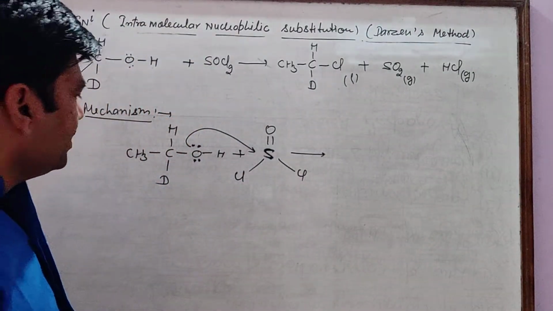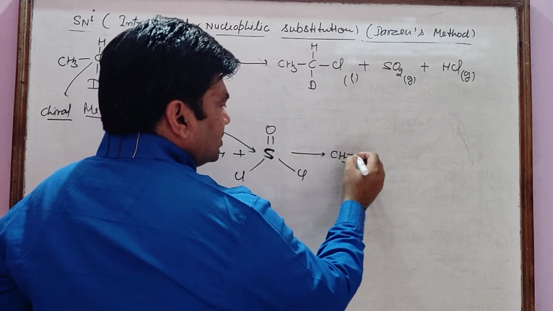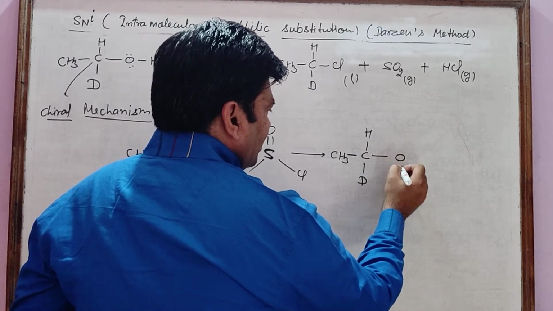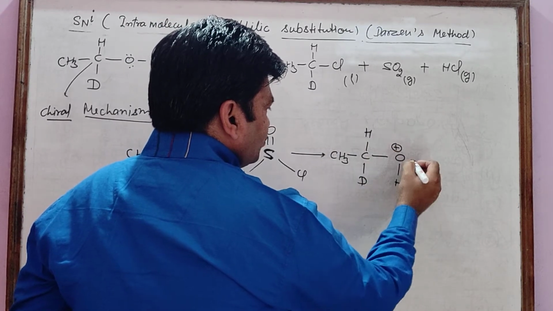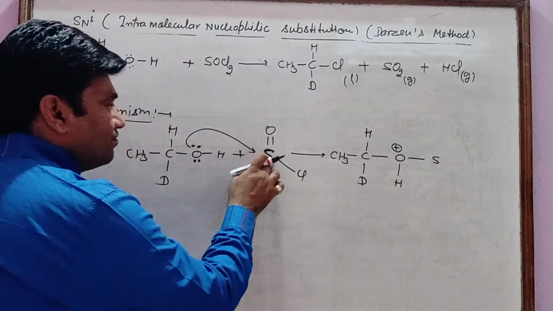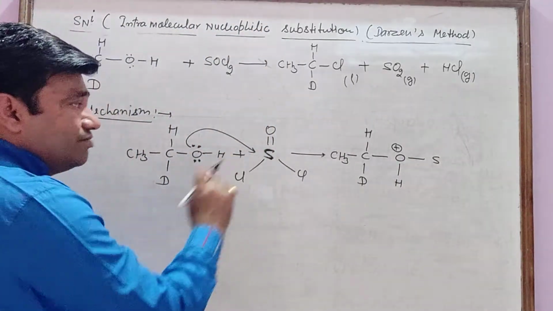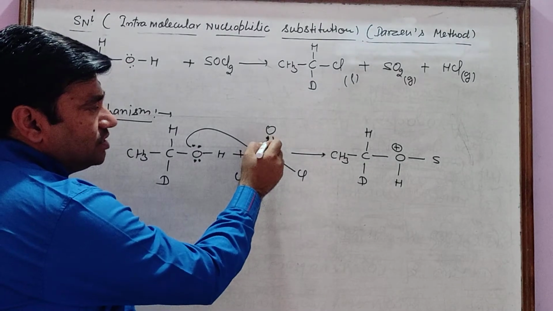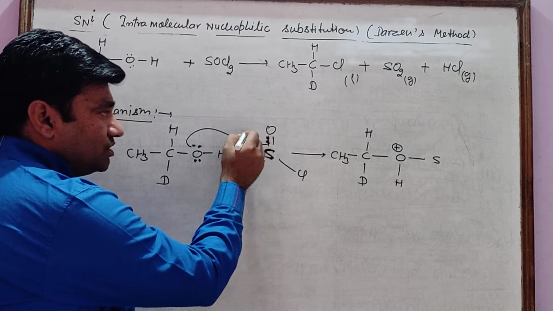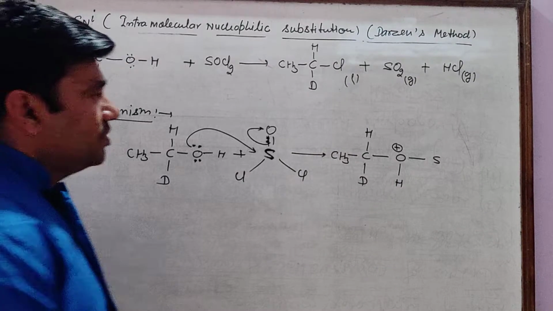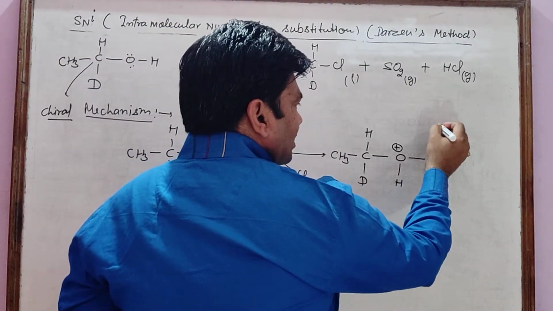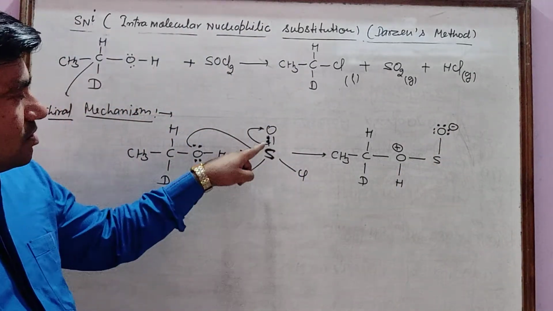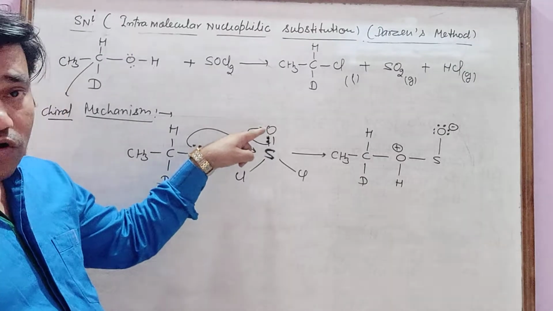Okay, what will happen when this oxygen donates the electron pair to the sulfur? Then it will get a positive charge, and the sulfur will get a negative charge, which will be neutralized by these electrons, because these electrons will go to the oxygen atom. The negative charge will be present on the oxygen atom, right? This pi bond will shift towards the oxygen, right?